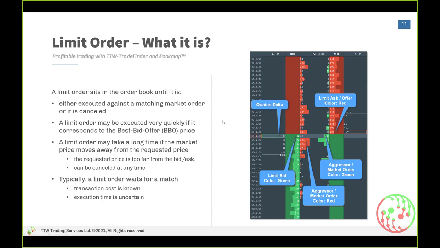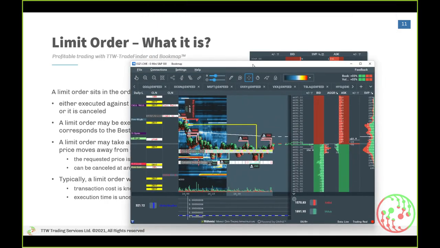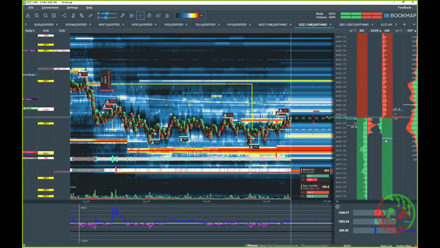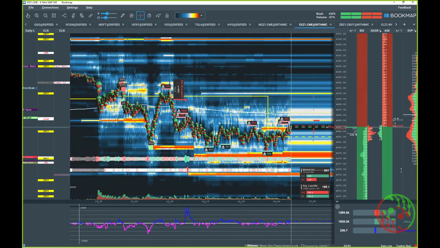Hey, Walter, this is Frank. Hi. I got a quick question for you. In the aggressor column, do you double click and clear that out fairly frequently during the day? No, I don't do that, because sometimes, like I did right now in this column, it's quite interesting to watch these bars.